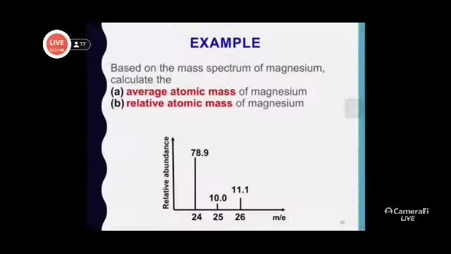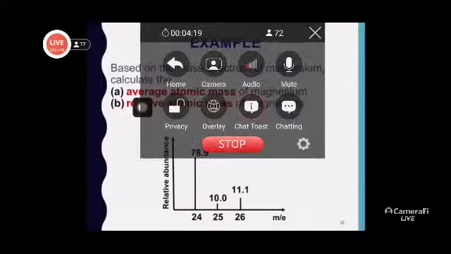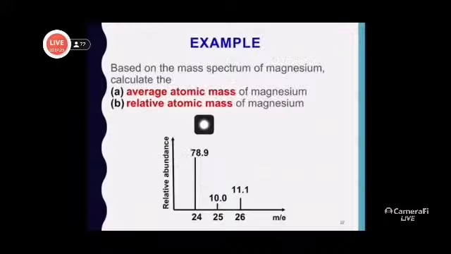Alright, carry on. Now let's look at this example. This is the same mass spectrum as in the previous example for magnesium. Based on the mass spectrum given, calculate the average atomic mass of magnesium and relative atomic mass of magnesium.